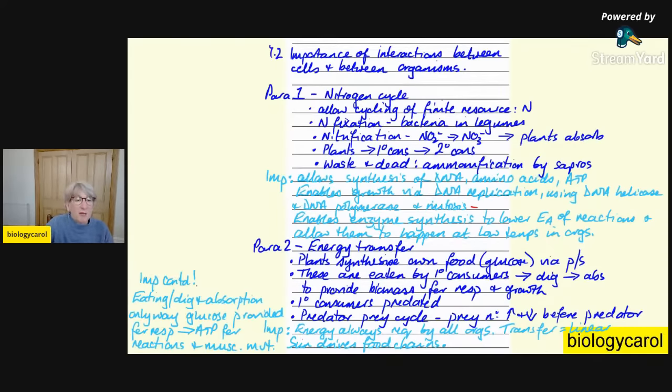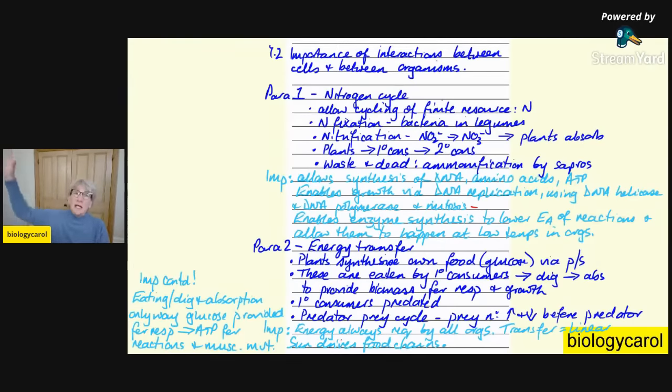Here's my importance. So I've started down here and I've gone up here. The importance is, I can't see below the little box. Energy transfer is required by all organisms, because the transfer is linear up a food chain.